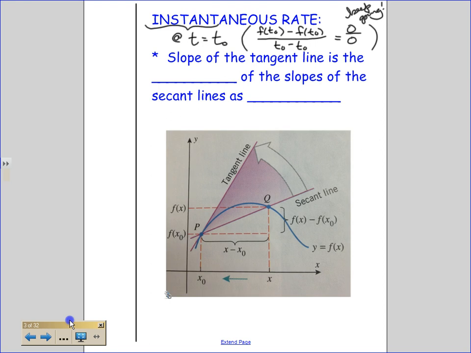If I wanted to find my tangent line or my instantaneous rate, my slope at one point on a curve, or at least one point over an interval containing x sub naught, I would have to remove myself from that x. I would have to choose another x that's aside or away from the original. And as soon as I move that x, I now have a change in x that is not 0.